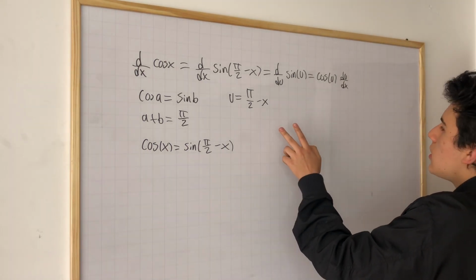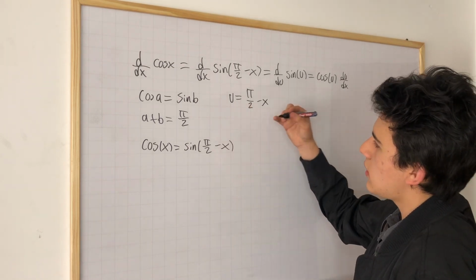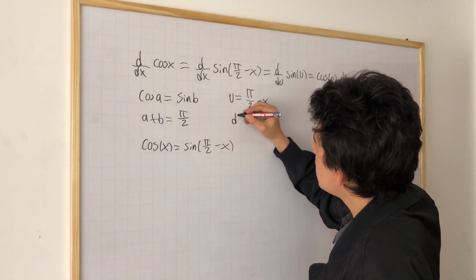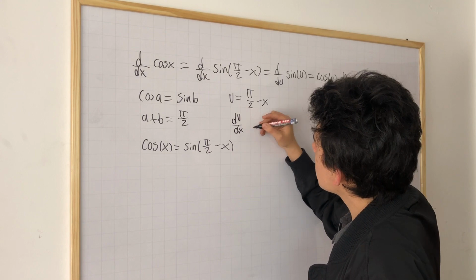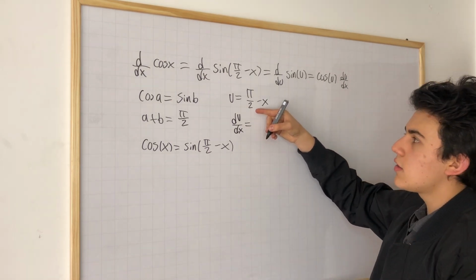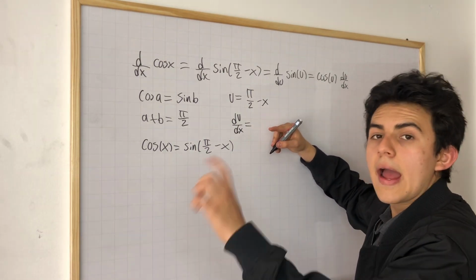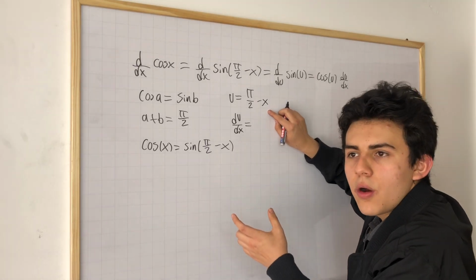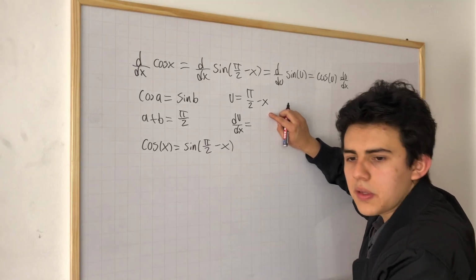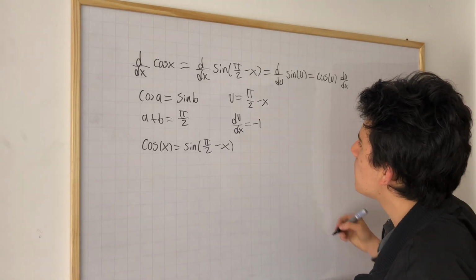Now, what do we need to do? We need to find the derivative of the function u. So du over dx is just simply going to be equal to, this is a constant, so pi over 2 goes to 0, and for negative x, we know the derivative of x is just 1, multiplied by negative 1, you get negative 1.